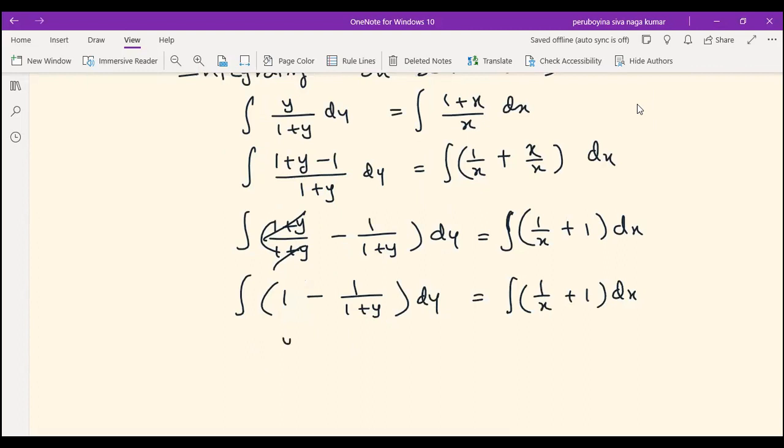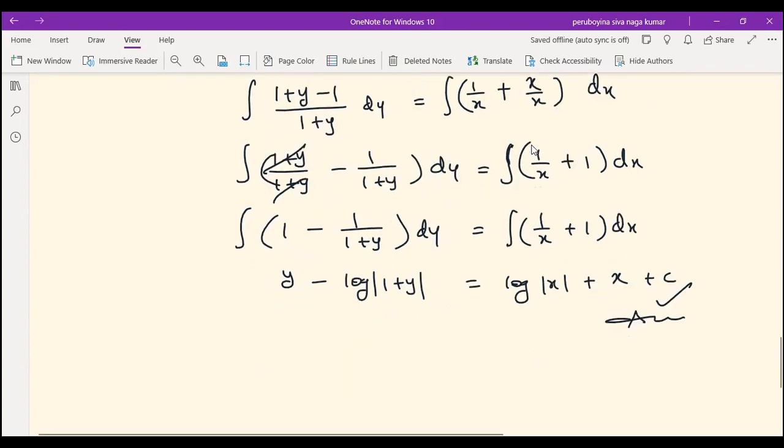The integral is y minus log mod 1 plus y is equal to integral 1 by x, which is log mod x, plus integral 1 dx, which is x, plus c. Now this is the answer for the question. Okay, copy it.